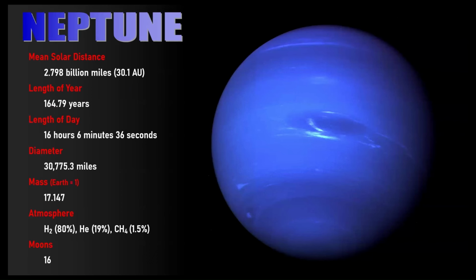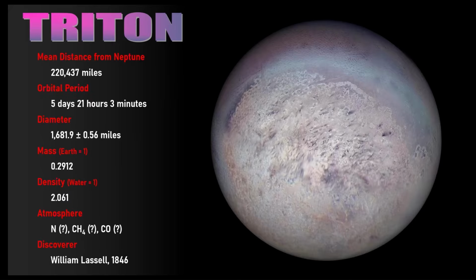So Triton is almost certainly a captured object from what we call the Kuiper belt, which we'll take a brief look at here shortly. It's also one of the coldest places in the solar system at 391 degrees below Fahrenheit, or minus 235 degrees Celsius. And in many ways, it's a really fascinating place.